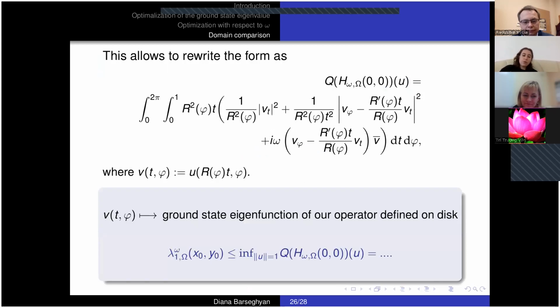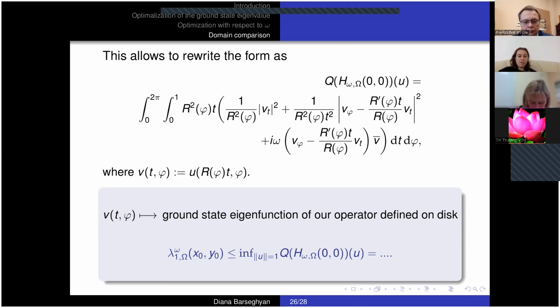Because we know from the minimax principle that the ground state eigenvalue is less than or equal to the infimum, in fact equal to the infimum, of the quadratic form at u, where u is a normalized function. The quadratic form we already calculated. Now, choosing any function in the quadratic form, we will get an upper bound for the ground state eigenvalue.